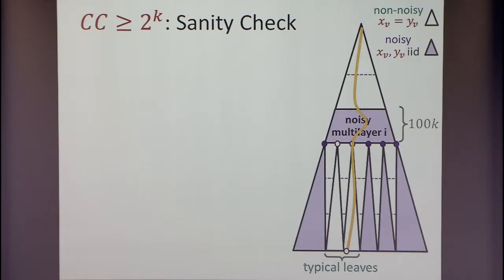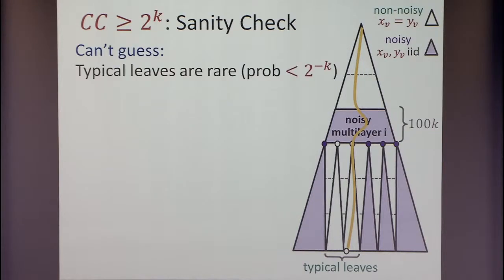repeat why we think you should maybe believe me that the communication should be high. So I argued that guessing a random leaf is not a good idea because there is a very small probability of it being actually typical, because a random leaf will have 50% of the path correct, and we ask for 80%.